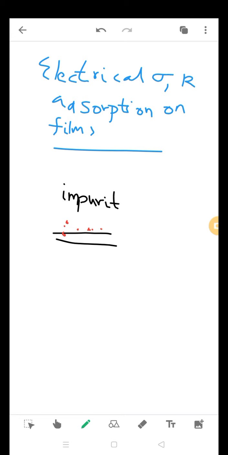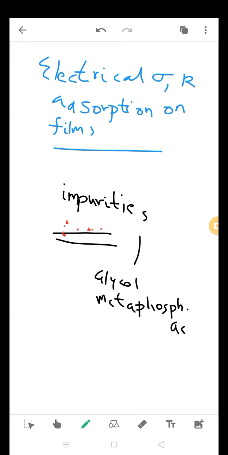Now these impurities can be a glycol, metaphosphoric acid, tartar, or a citrate.